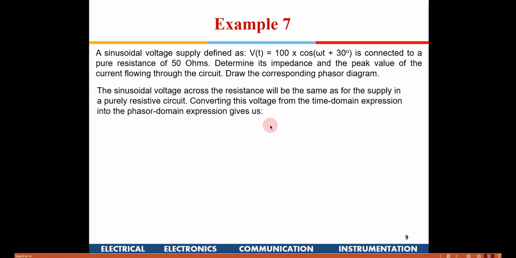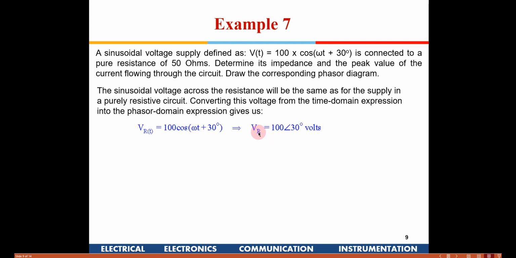Okay. The sinusoidal voltage will be same for the supply in the pure resistive circuit, it says. Okay, because there is no phase difference here because it's a pure resistive circuit. Converting this into phasor representation, we can represent this as phasor 100 and an angle 30. This is the phasor representation.